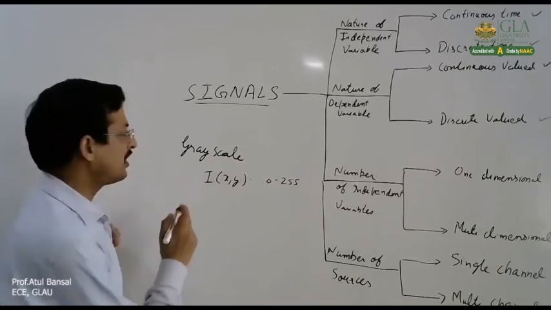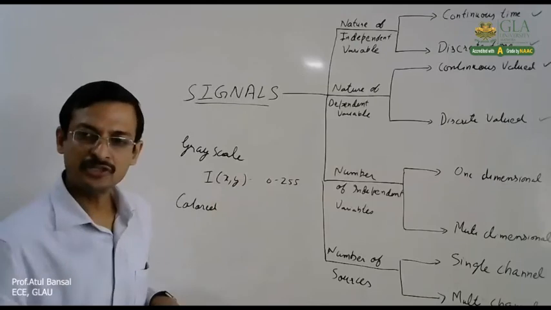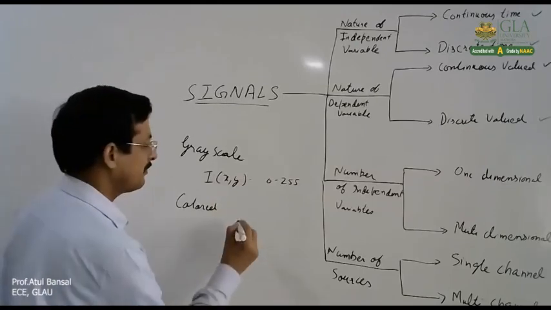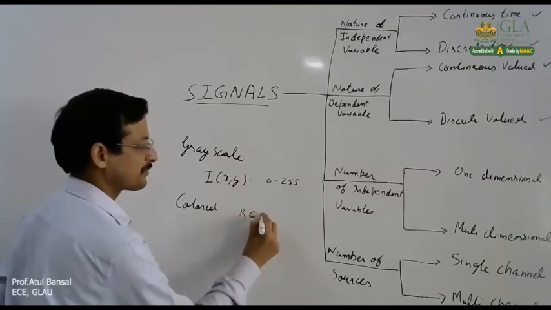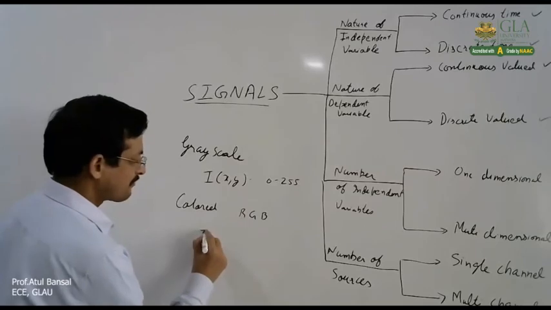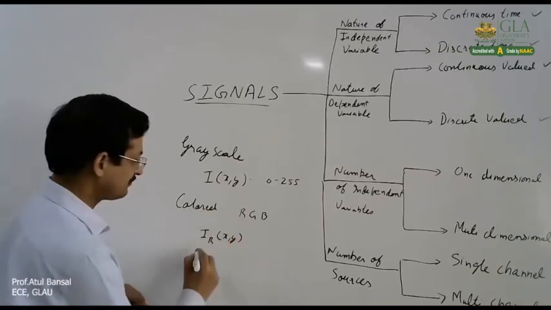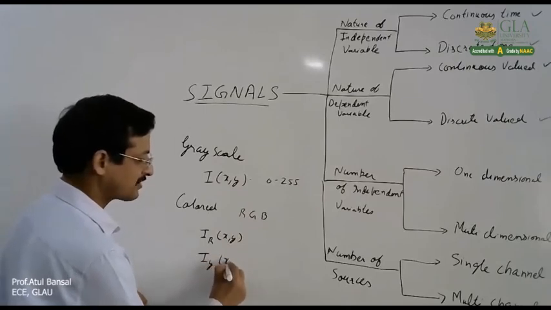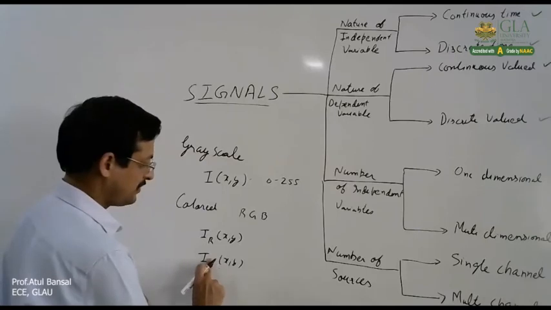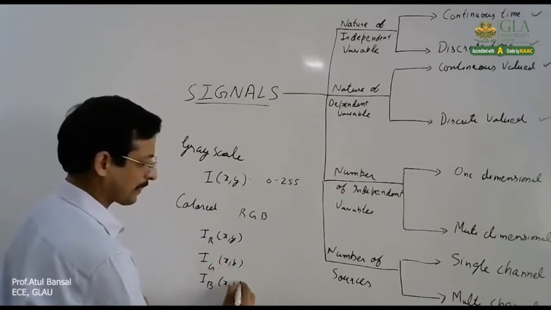But if you look at a colored image, in your childhood, if you remember, we were able to make any color by a combination of the basic colors RGB. The same principle is applied here. We measure three different wavelength-based signals, I_R(x,y), I_G(x,y), and I_B(x,y).